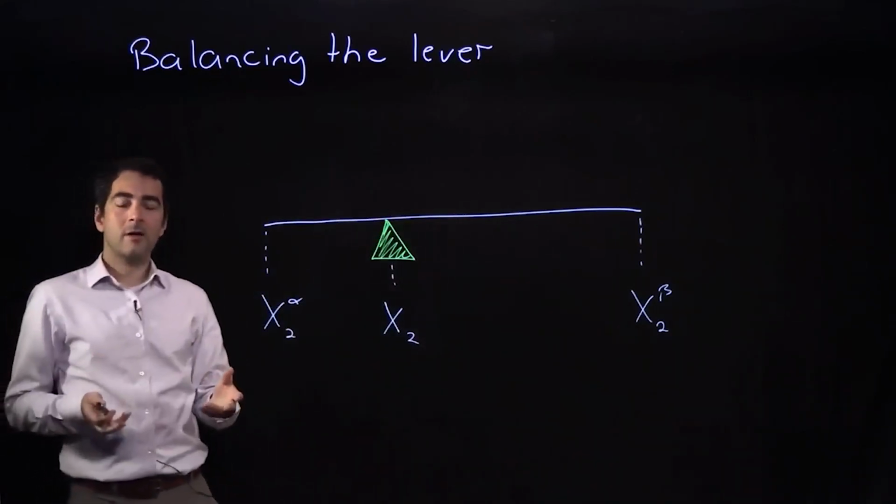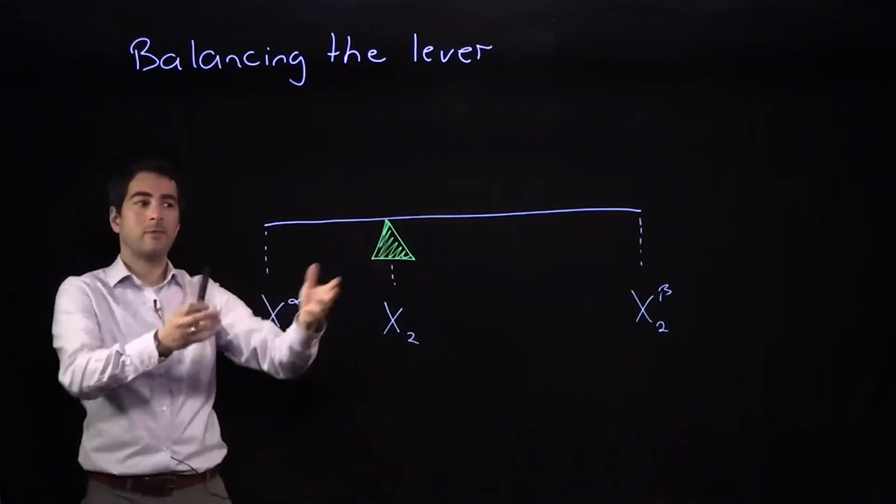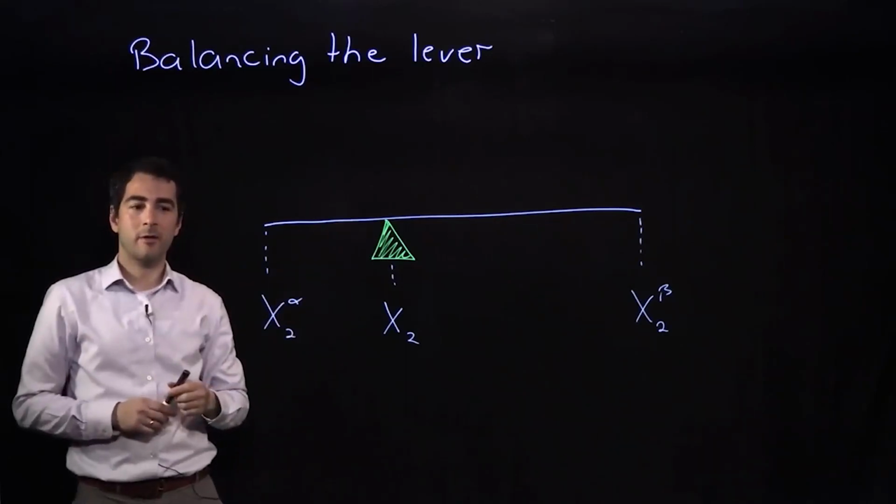The phase fractions are just the amount of stuff you would need to put on this lever to balance it so that it's perfectly horizontal.